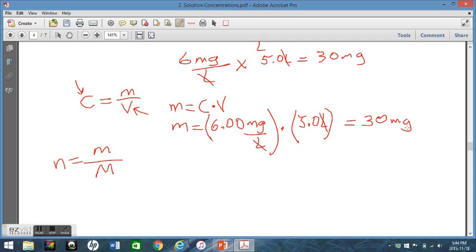Okay, so if I've got 30 milligrams of chlorine, now chlorine would be Cl2. So my molar mass here is going to be 2 times the molar mass of chlorine, which is 35.45.